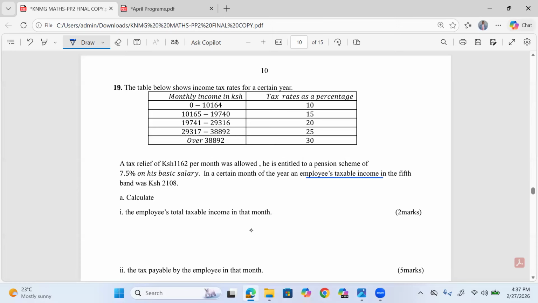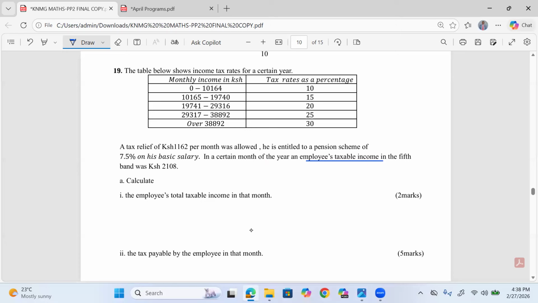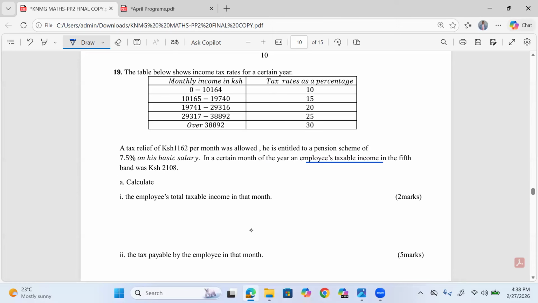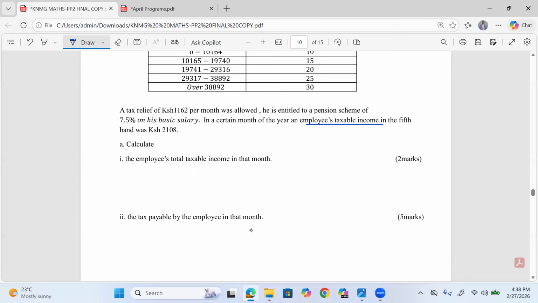So this is what we are going to do, ladies and gentlemen. One thing that you're supposed to know is that we have different amounts of tax in different bands. In the first band, we shall tax 10,164.